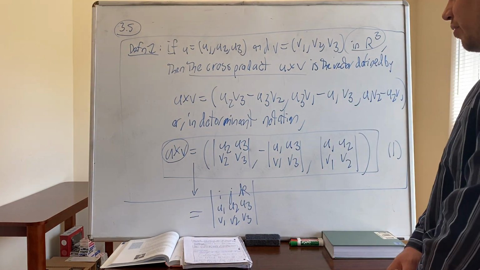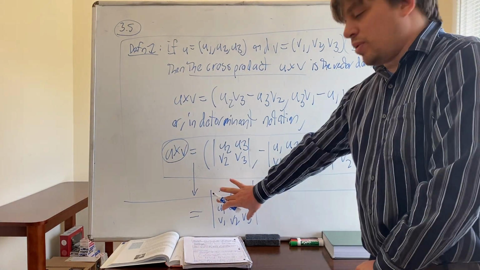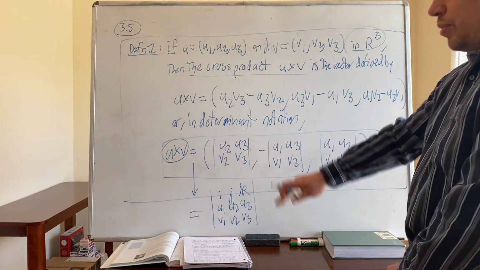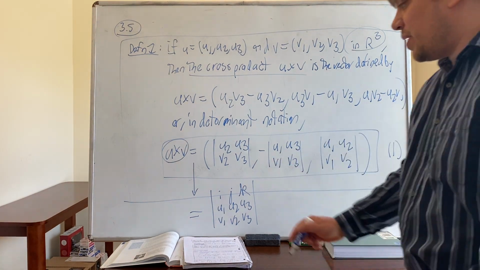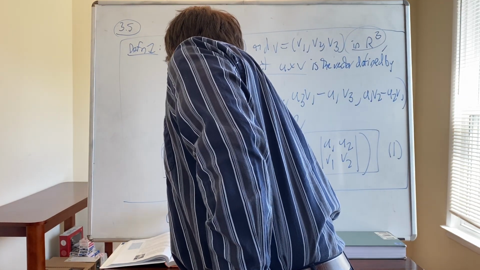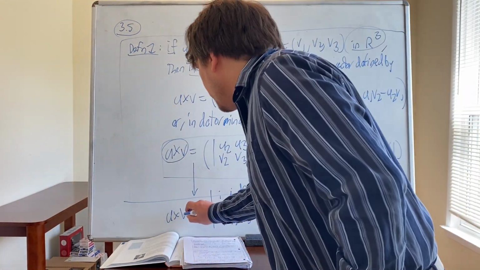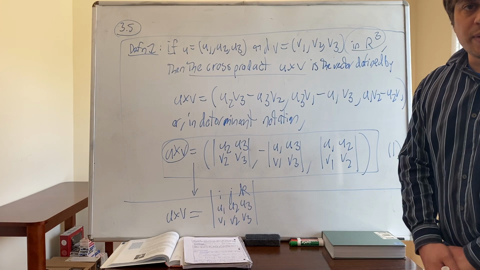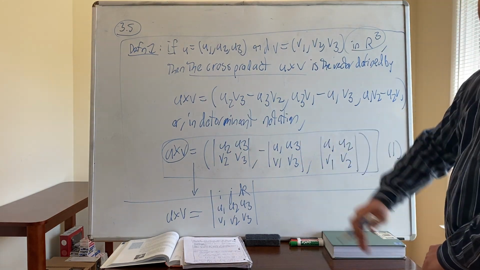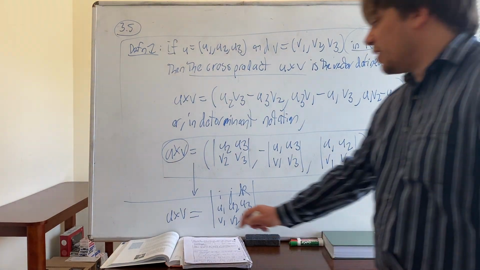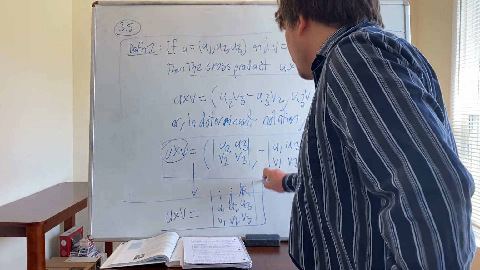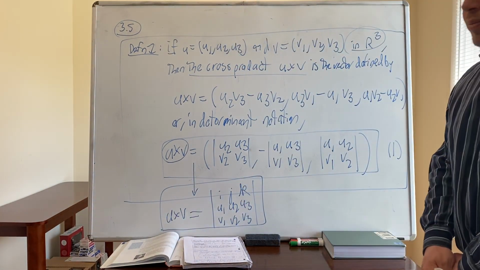If you find the determinant of this matrix, it equals that. So the shortest, easiest way to remember this is U cross V is equal to the determinant of that matrix, and you'll get that 3 tuple. Okay, so make sure to write this down. U cross V is equal to the determinant of that matrix.